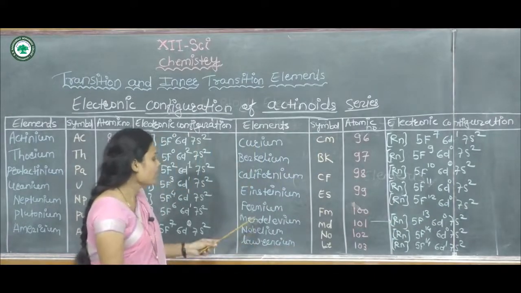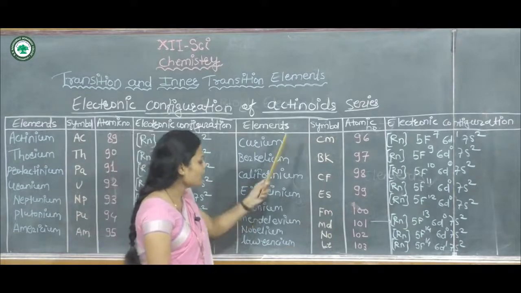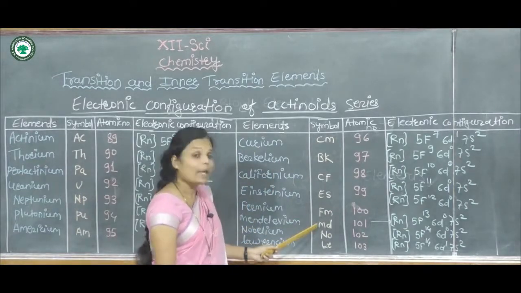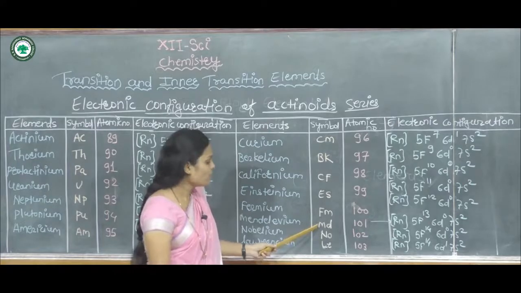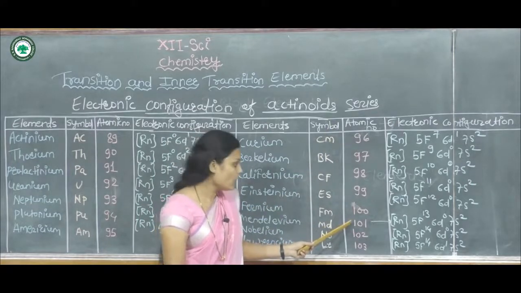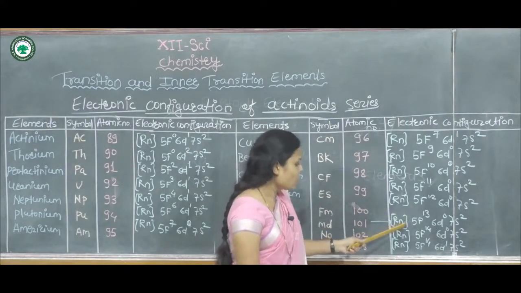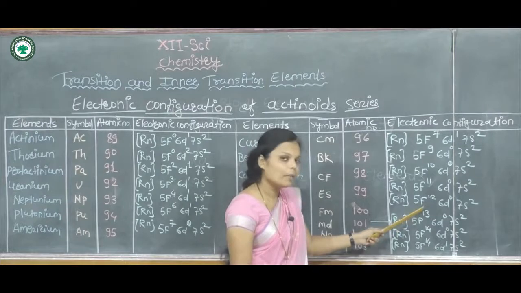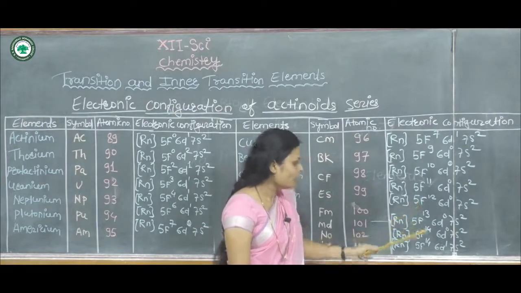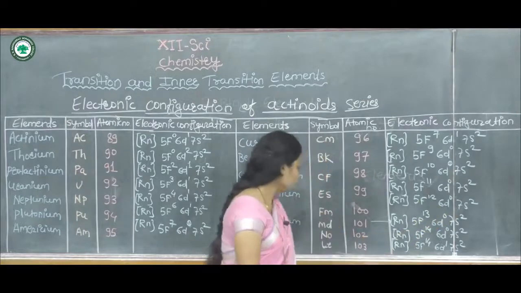Next element is mendelevium. Its symbol is capital M, small d, and atomic number of mendelevium is 101. Its electronic configuration is 5f13, 6d0 and 7s2.